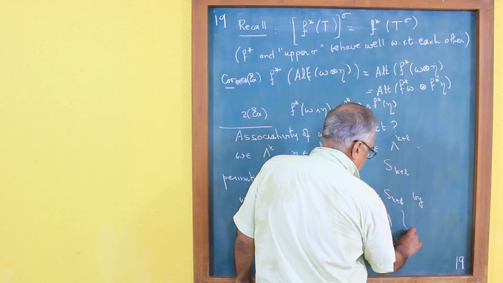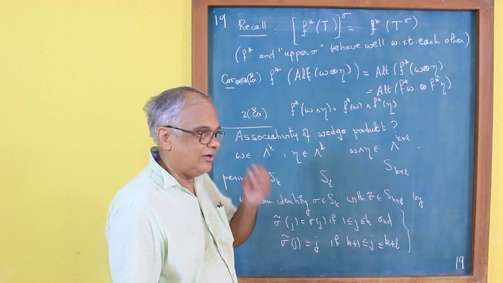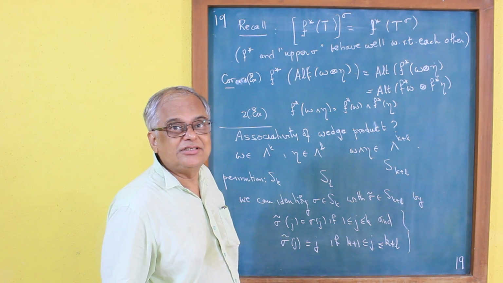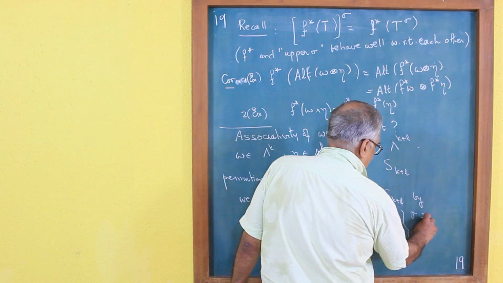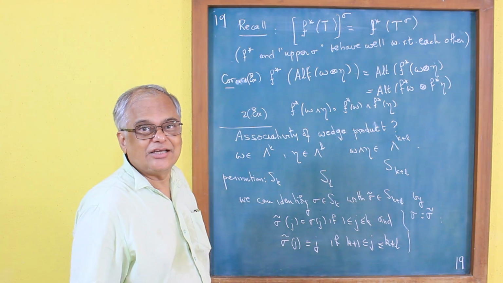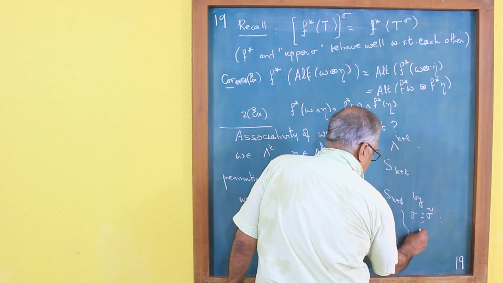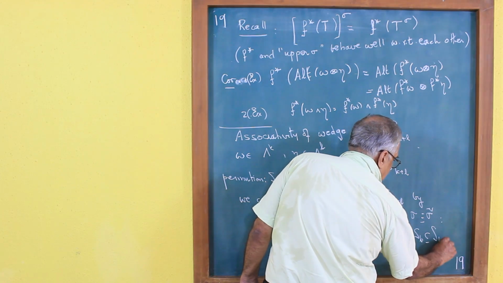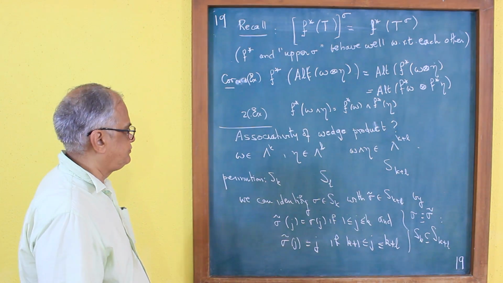So with this kind of identification, sigma is identified with sigma tilde. If I say that sigma is identified with sigma tilde, then I can say that Sk is contained in Sk plus L. Okay?